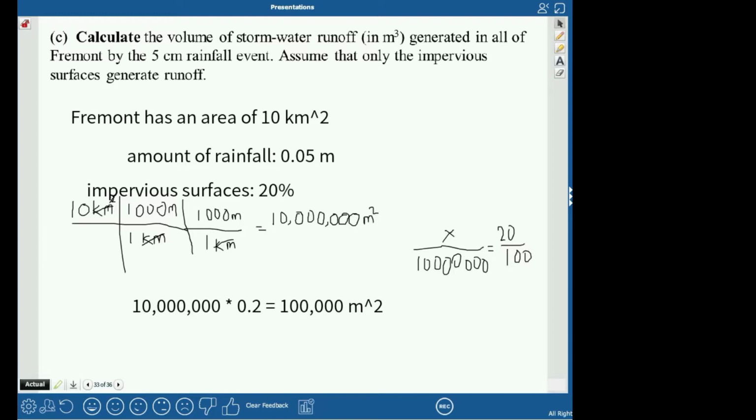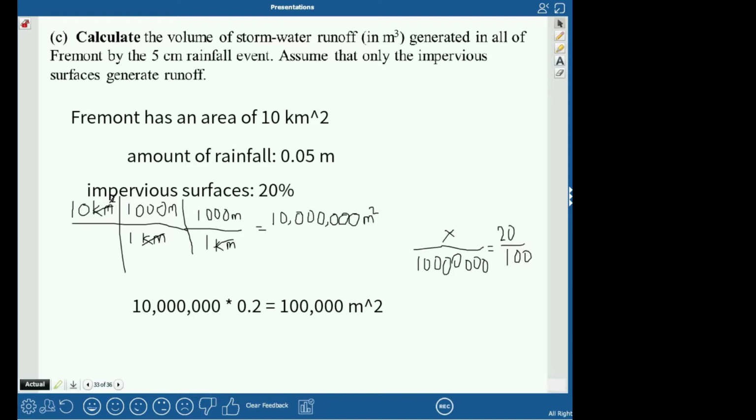If you can't just do it in your head, you can do the cross multiplying, which is probably how I would have done it if I were taking the AP exam.